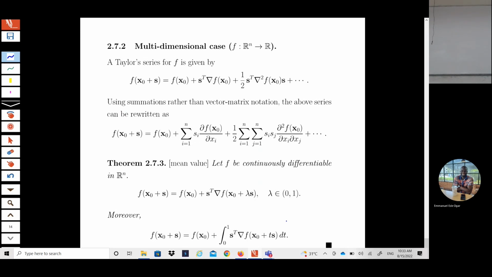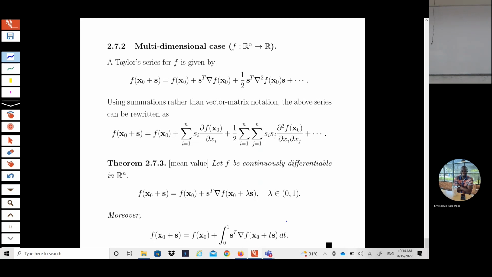When we adopt the vector and matrix notation, you can see that the vectors are written in bold font. f(x naught plus s) is equal to f(x naught) plus s transpose grad of f(x naught) plus 1 over 2 s transpose, the Hessian matrix of the function f at the point x naught, multiplied with s, plus dot dot dot. Dot dot dot means higher order terms.